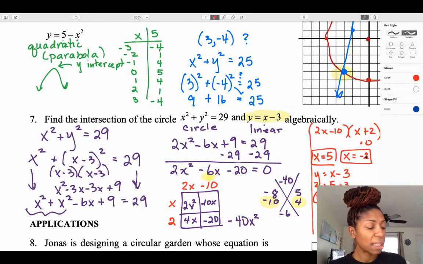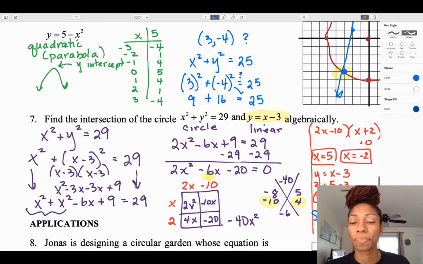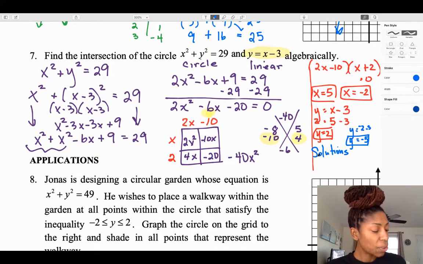If I plugged in negative 2 for x, it would say y equals negative 2 minus 3, which would give me y equals negative 5. So what are my solutions? My solutions are 2 coordinates, (5, 2) and (negative 2, negative 5).